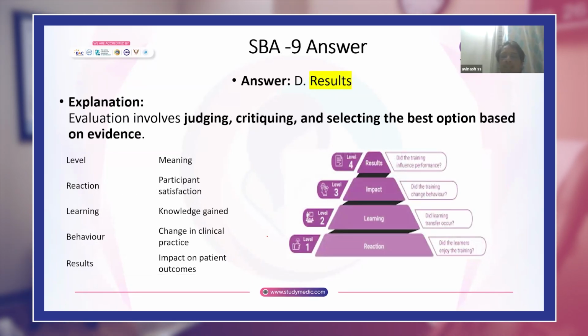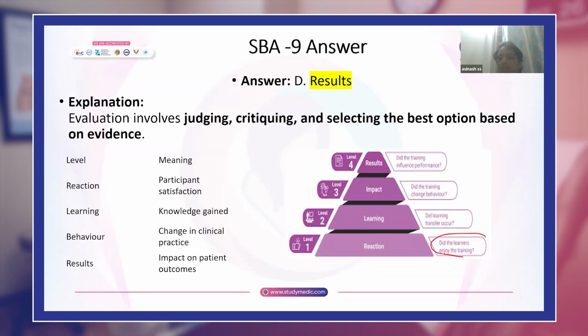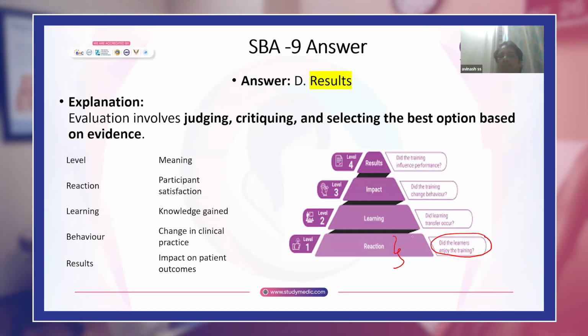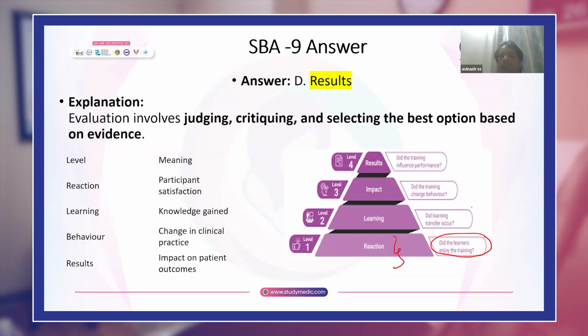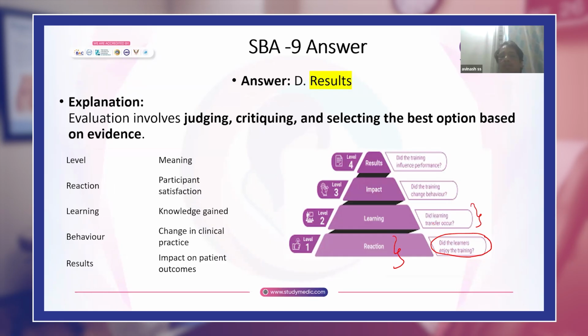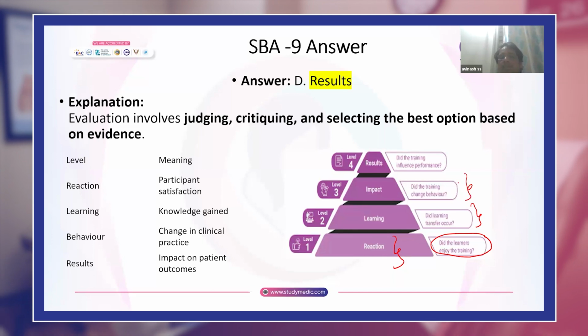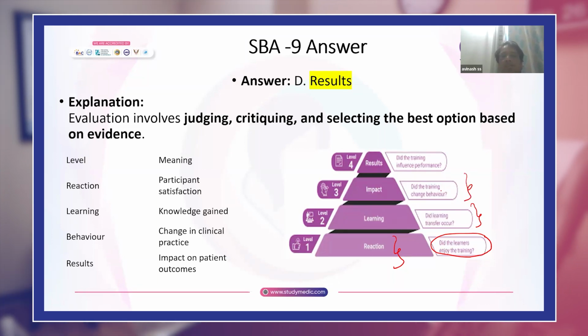If you ask what did you feel after undergoing the training, was it useful for you, that question is checking the reaction. If you ask what did he learn by doing a pre-test and post-test, that is checking the learning. If you ask, did it change your behavior, that is checking the impact.